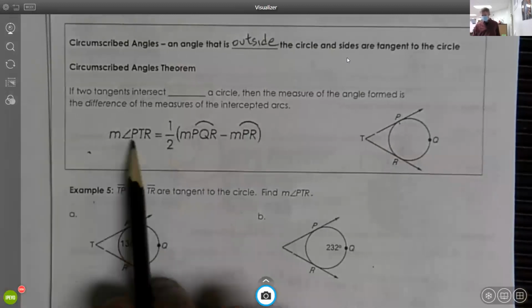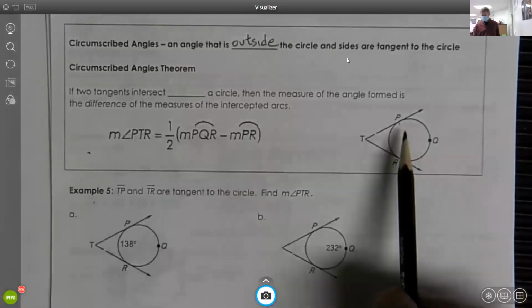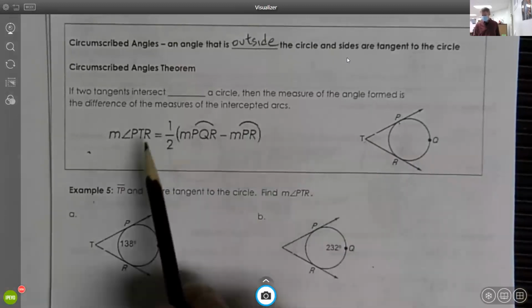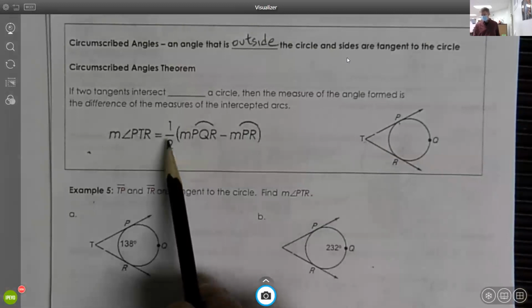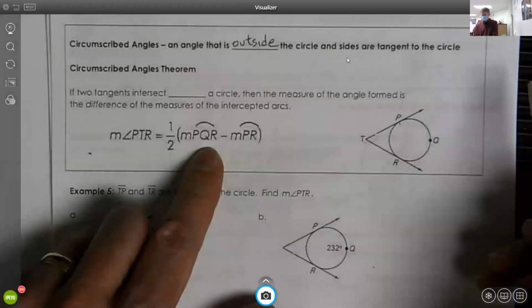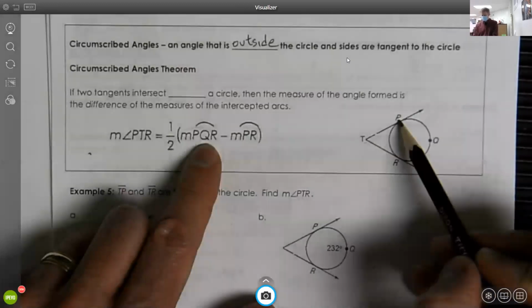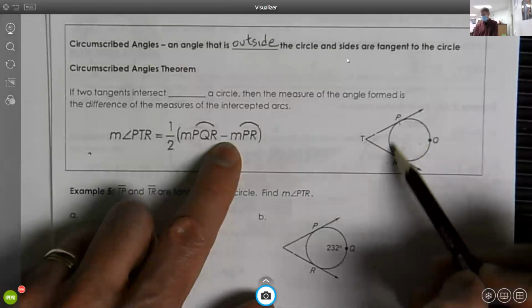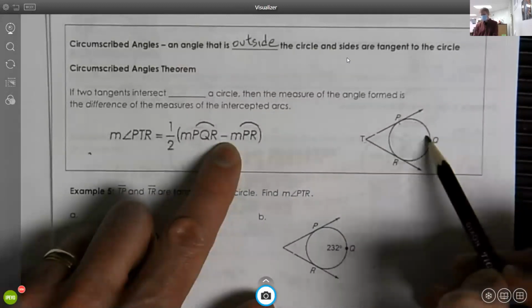Here we have the measurement of PTR. That's this angle T there. The angle is going to be half. Take a look at what we have. The big portion minus the small portion. It's the difference between those two divided by 2.